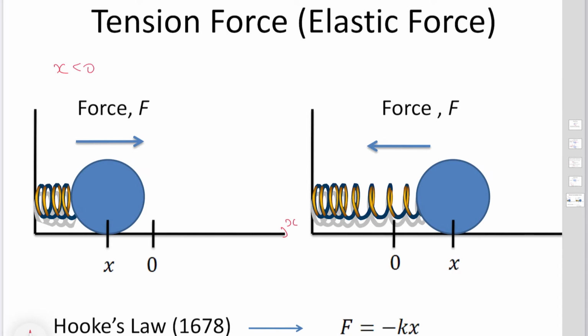The spring tries to return to its original state, so the force acting on this object should be in the positive direction. So F has to be a positive quantity. When the spring is extended, x is a positive quantity. Then the spring tries to return to the original state, to be compressed, so F is a negative quantity.